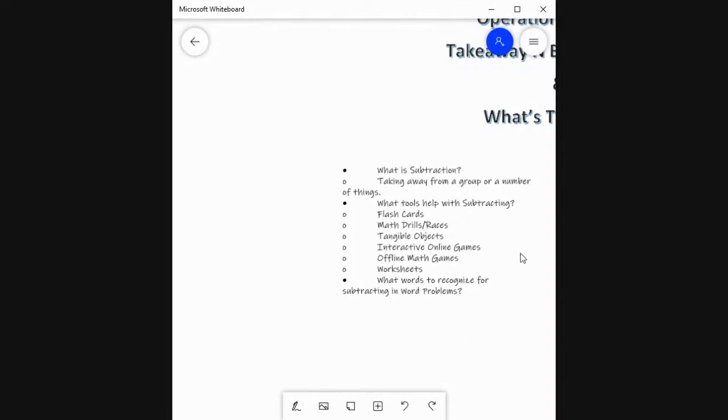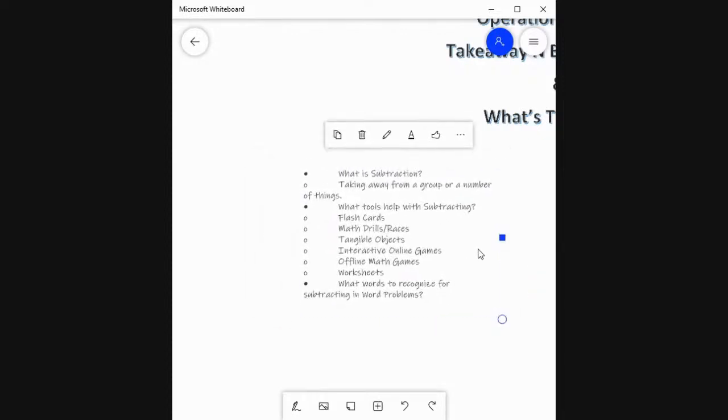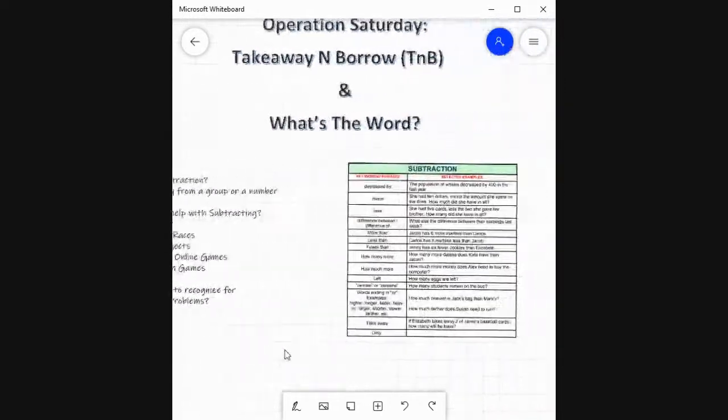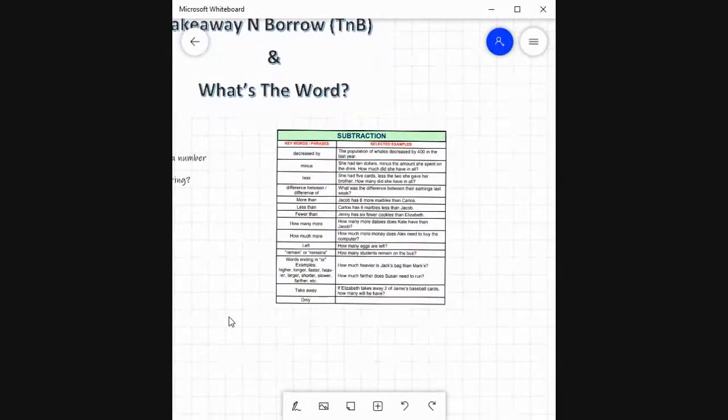Now, my favorite part is what words or phrases to recognize when you are subtracting in word problems. Well, here is my handy dandy chart.